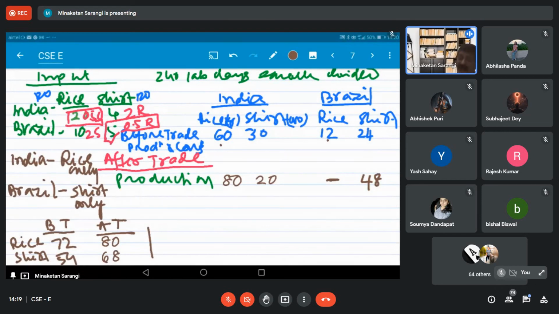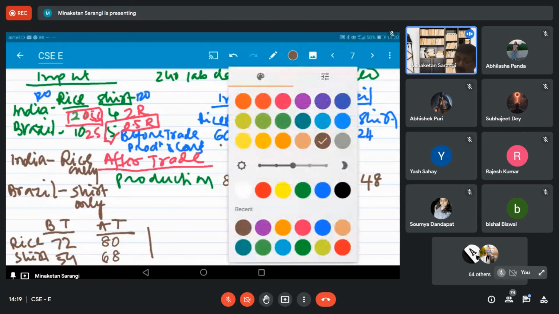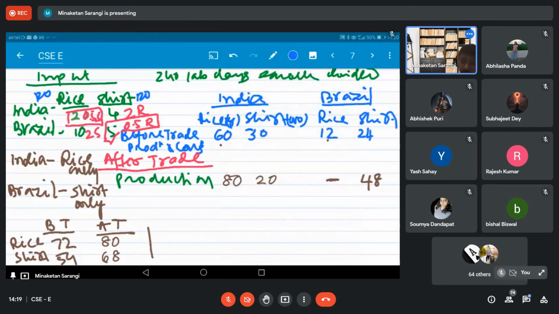The next will come to what will be the consumption, or we say trade is taking place, then we'll go to consumption. Trade is taking place. When trade is taking place, first we have to find out what the terms of trade are.